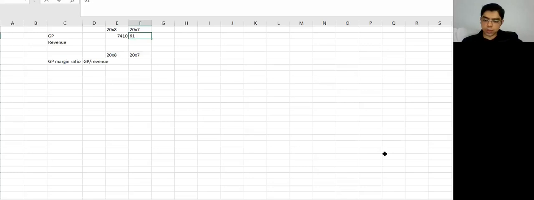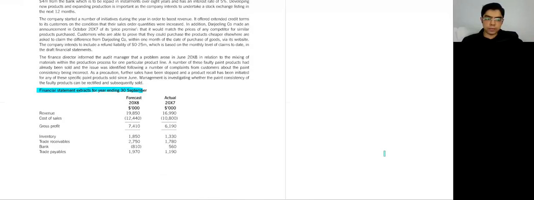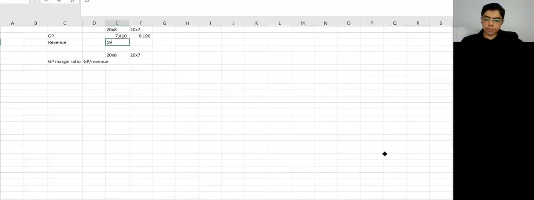Then the revenues, 19850, 16990. Gross profit ratio is gross profit divided by revenue. So you have this ratio calculated for 20x8. You can copy paste this to 20x7 and you have this ratio calculated for 20x7 as well.